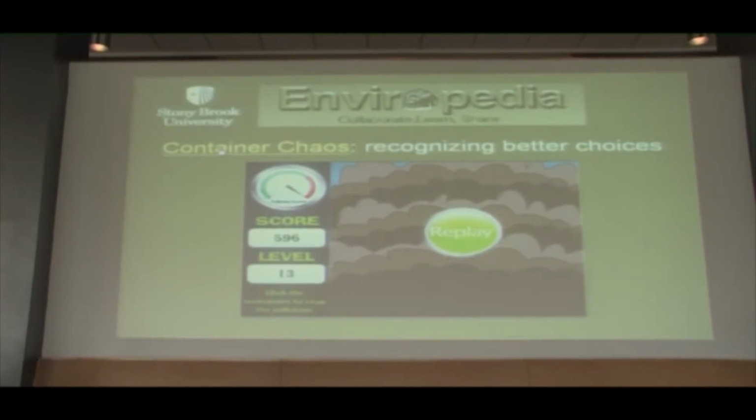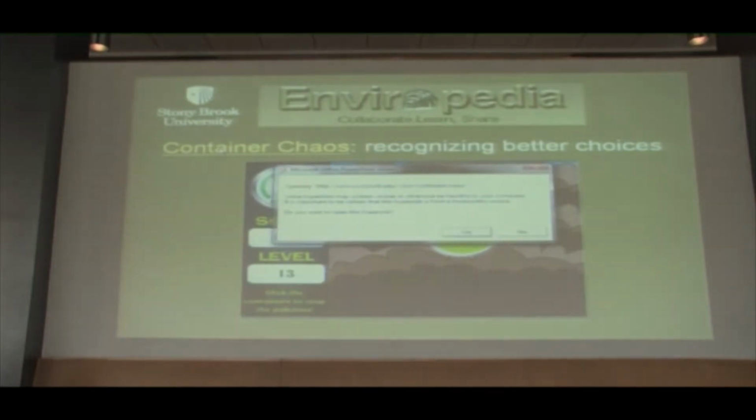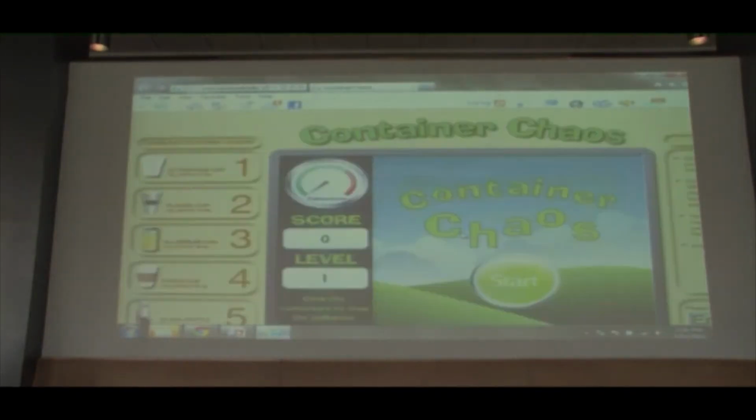We'll do Container Chaos first. And so this is what it looks like. It shows on the left the different containers that you have. The display here doesn't let me show everything, but you can see that there are 5 different types that are very easy to distinguish from one another.